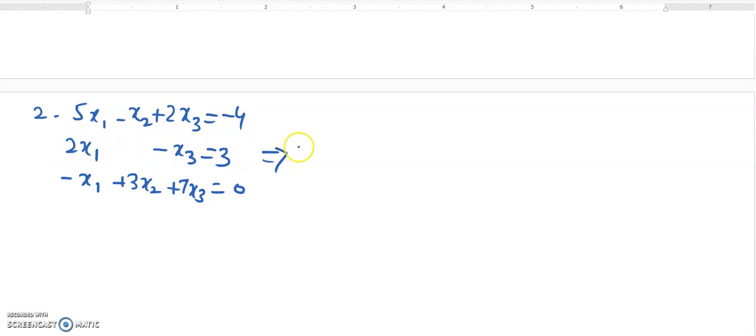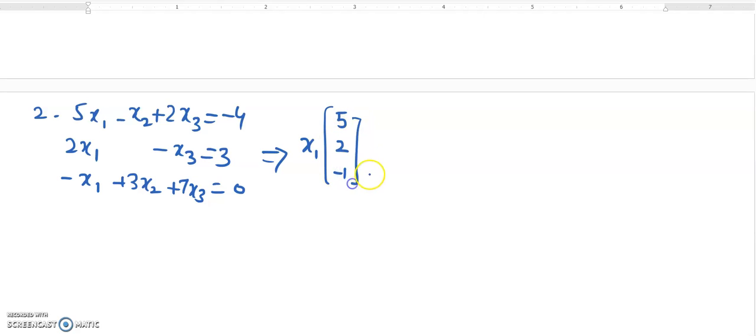So like we did before, we have these three variables. We will treat these variables as scalars. So x1 will be multiplied by the first column of coefficients, 5, 2 and minus 1.